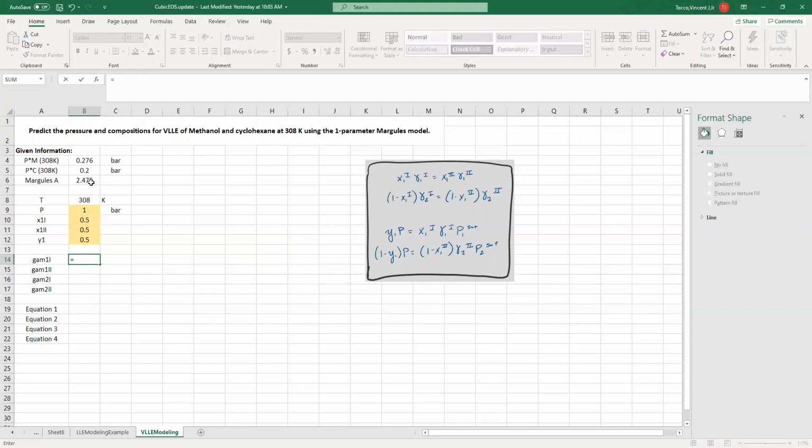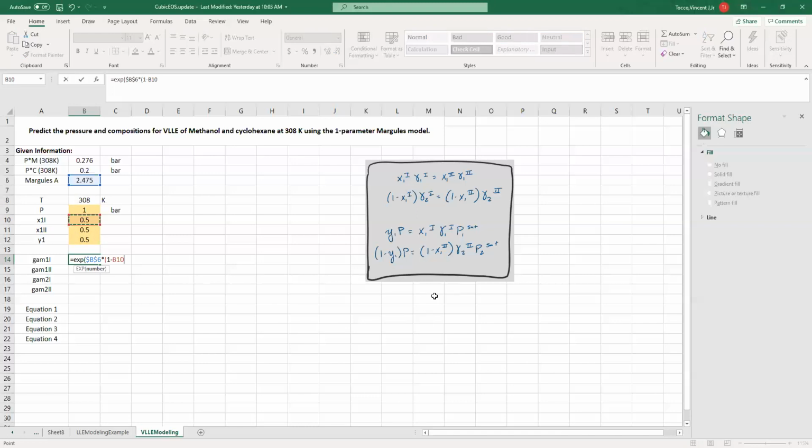So because it's ln of gamma, I need the exponent of the parameter A times, let's see. So if I want to do gamma 1 from phase 1, I'm going to need the liquid composition of component 2 in phase 1. So this is going to be 1 minus x1 of phase 1, right?